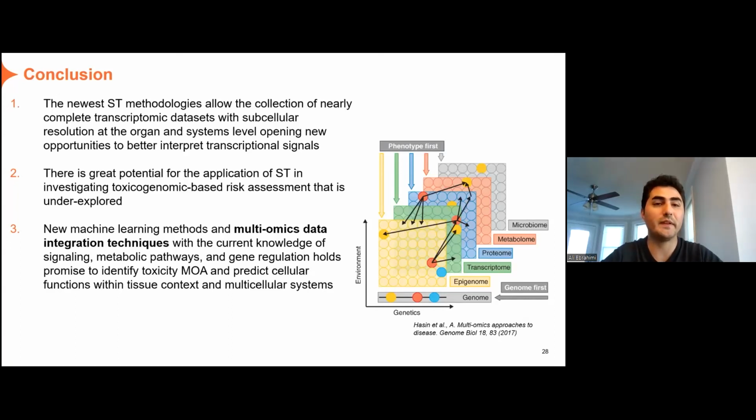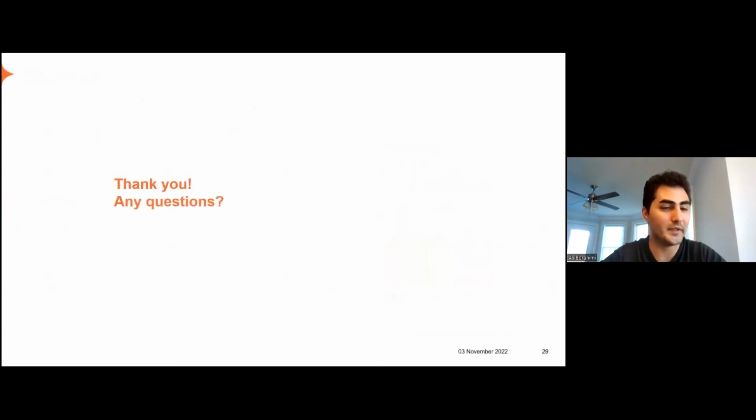That's going to be essential to mechanistically understand the mode of action for toxicity, and also to predict how the cellular processes work within that tissue type, and also these multicellular units. Thank you very much for listening, and if there are any questions, I am happy to take them.